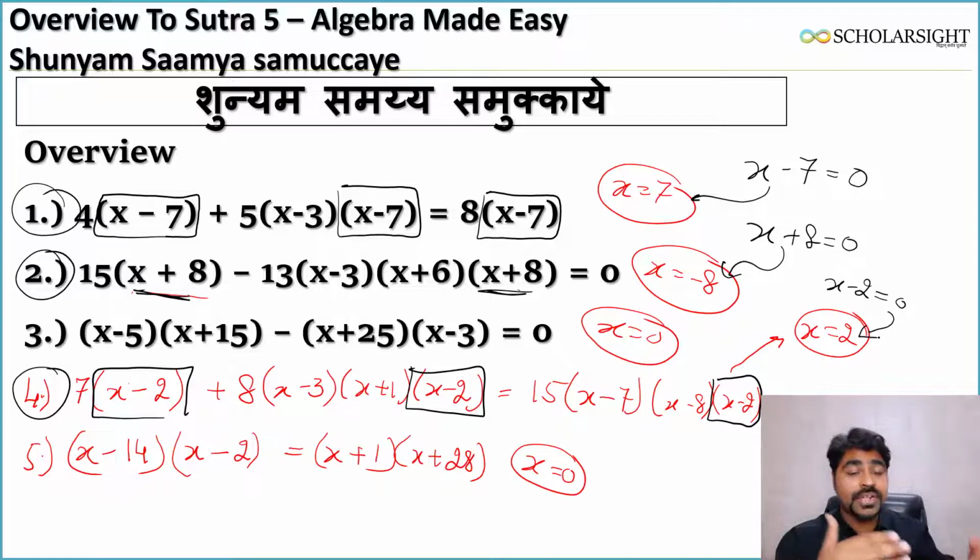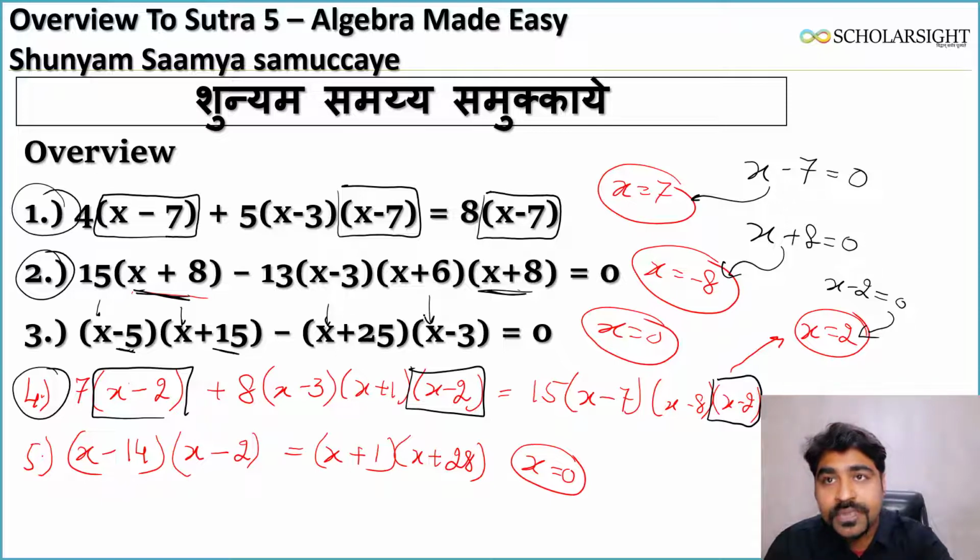Question number 3 and question number 5 would follow some different logic. Let me explain that also. The third and fifth questions say that if the variable in all of them is the same and I do the product of the constants, or the independent terms, it would be minus 75 here, and here also plus 25 into minus 3 would be minus 75.